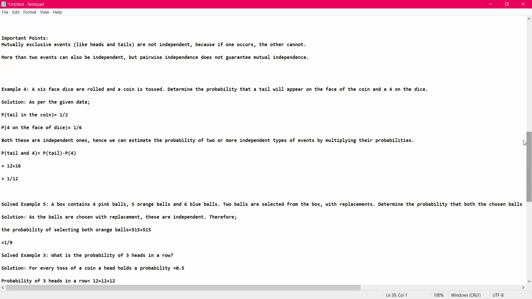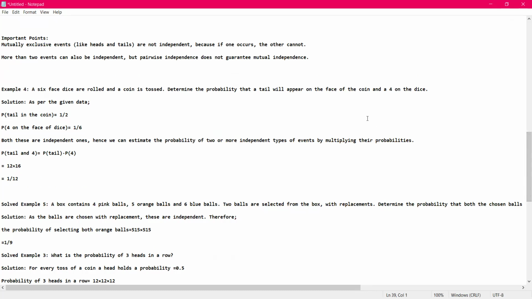Pairwise independent events do not guarantee mutual independence. That is what it is saying.